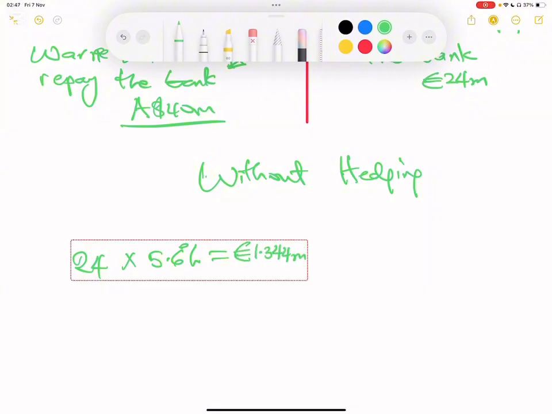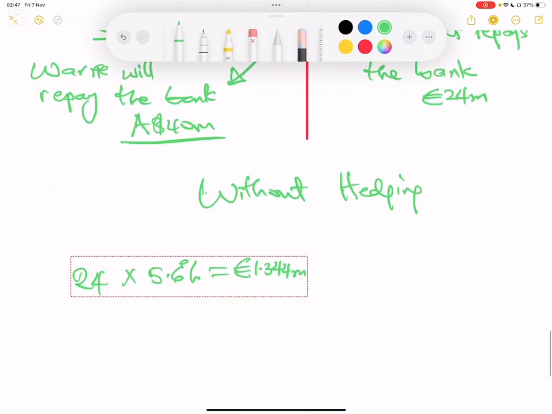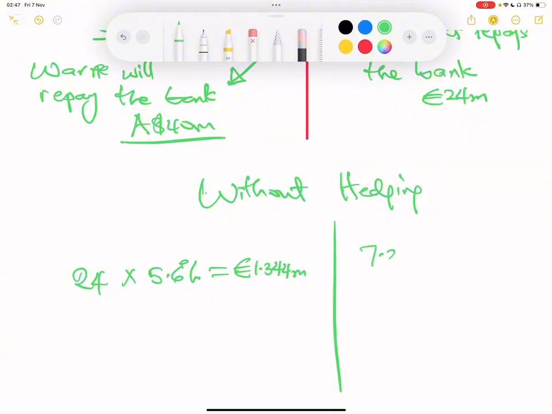That's what he would have paid instead of 1.32. And the other guy would have paid at 7.2% of 40 million Australian dollars, which would have been 2.88 million Australian dollars.